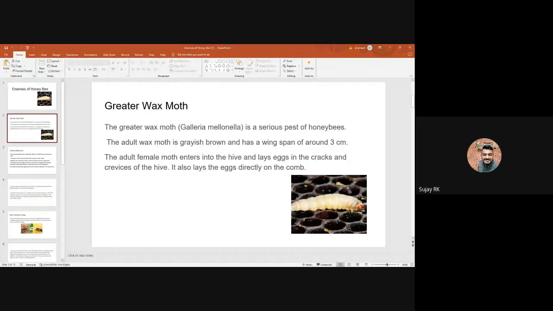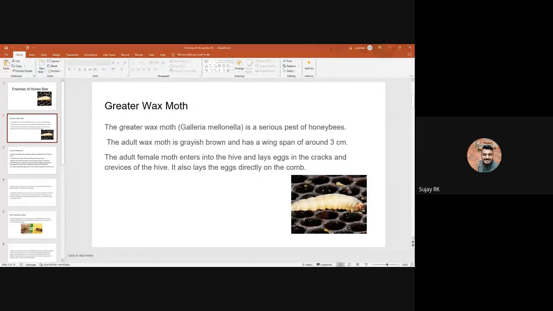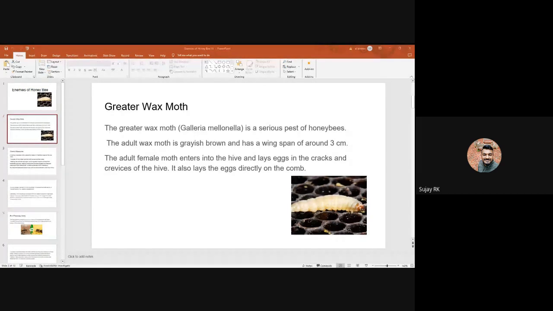This is the chemical used in controlling the moths, and the chemical application has to be done only after removing honey from the comb, because there are chances of the honey getting infested and mixing with this chemical. So that is one major precaution that we need to keep in mind.